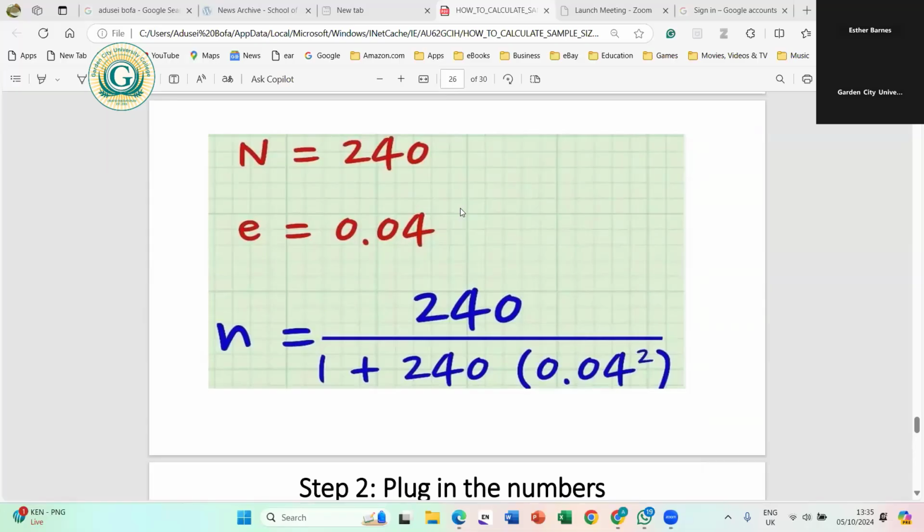I need help to calculate that one, the one on your screen right now, because I didn't get it.